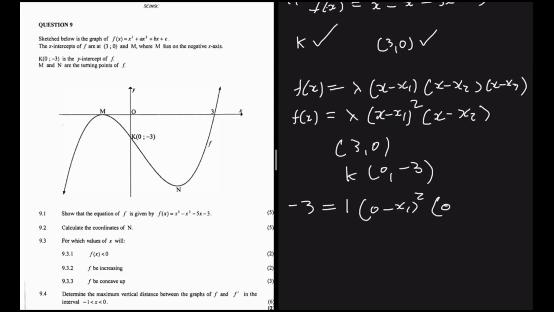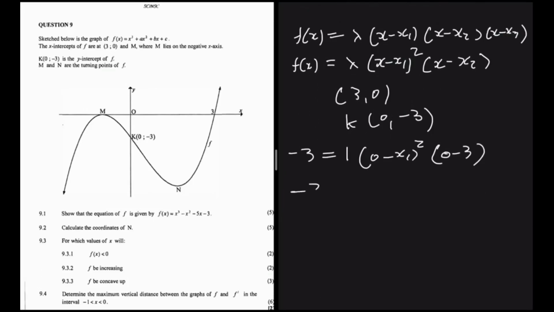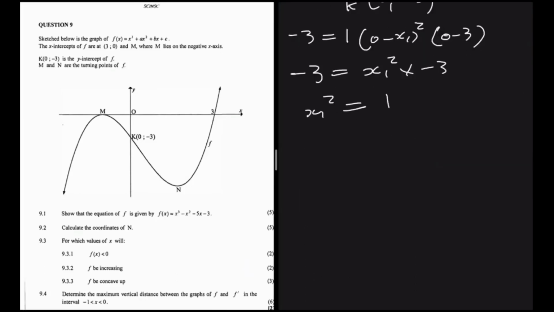So we're going to have 0 minus 3, and then minus 3 equals x1 squared multiplied by minus 3. If we divide both sides by minus 3, we're going to get x1 squared equals 1. Here we're going to have x1 equals 1 or x1 equals minus 1. It's easy to see that m is on the left hand side of the y-axis, so our correct option is minus 1.